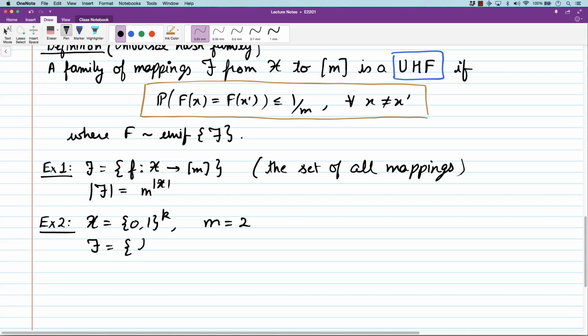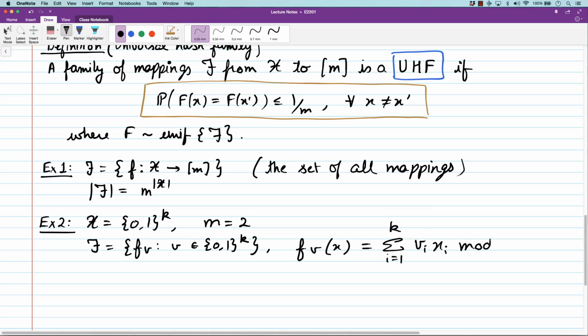So this is the family of all functions f_v, where v is a binary vector of length k, and f_v(x) is given by the summation i equal to 1 to k of v_i x_i, and this summation is mod 2. So the final output would be 0 or 1.